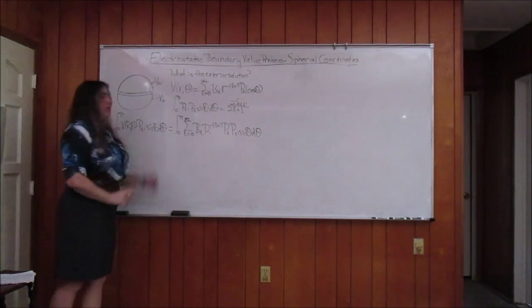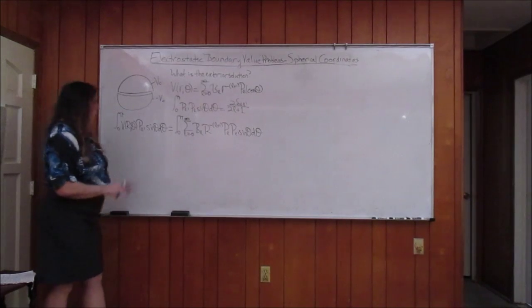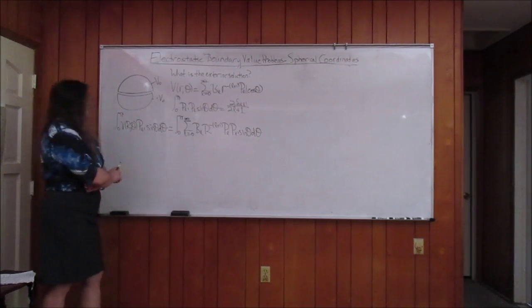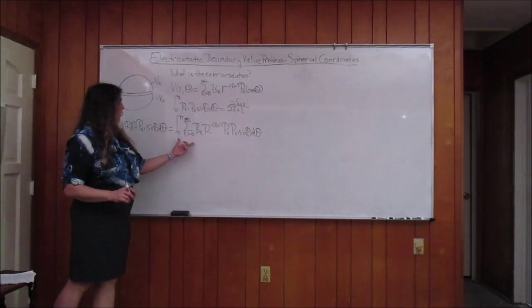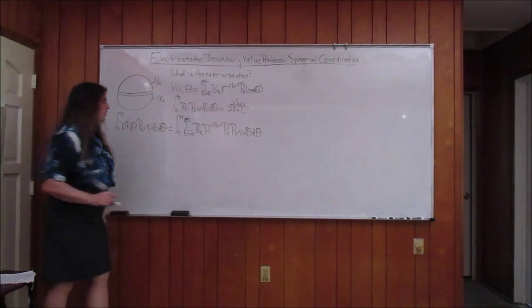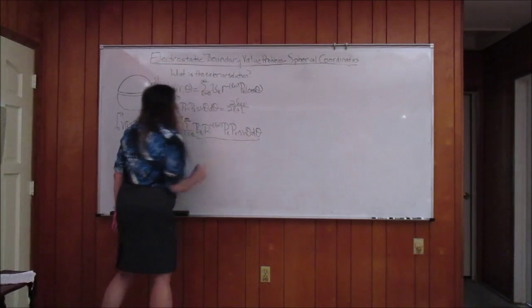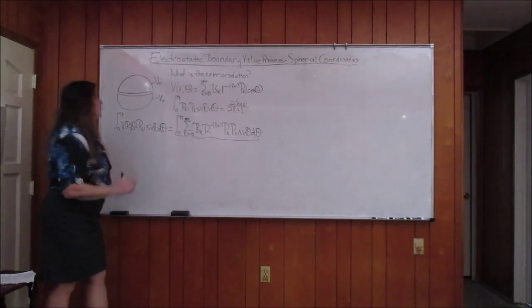And notice I've left out the arguments of the Legendre polynomials, basically just to save myself a little bit of space. So on the right-hand side, I do have the integral, and I can make use of that orthogonality condition, which has the effect of picking out one specific term.